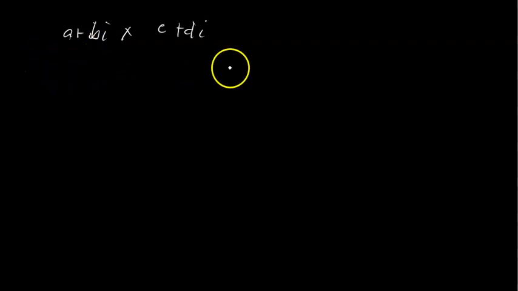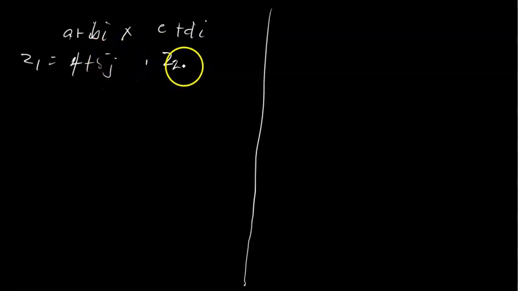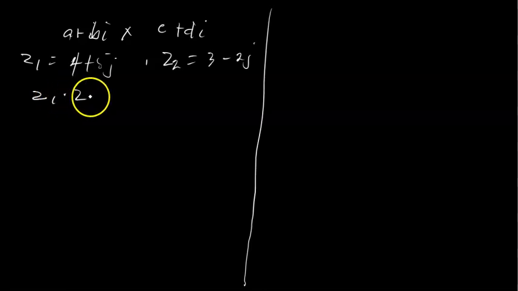Let's take a more practical example so that we can understand it better. Let's say Z1 is 4 plus 5j and Z2 is 3 minus 2j. I'm asked to find Z1 times Z2.